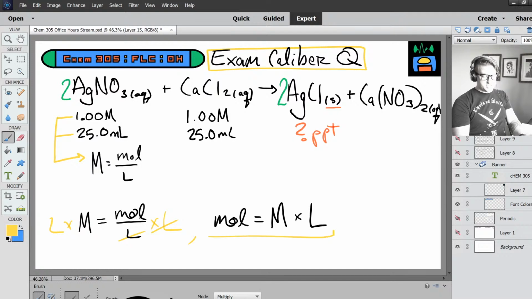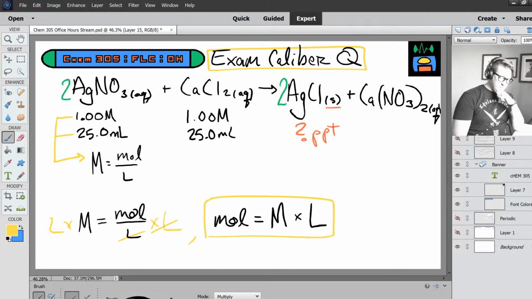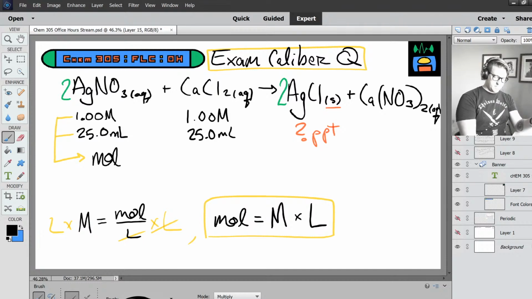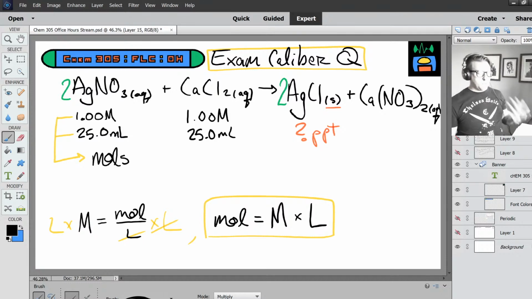And so it is super common to be given in combination your molarity and a volume, because these two things together allow you to find your moles. And moles allow us to do stoichiometry.